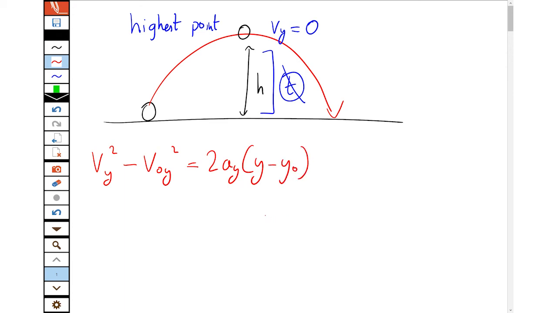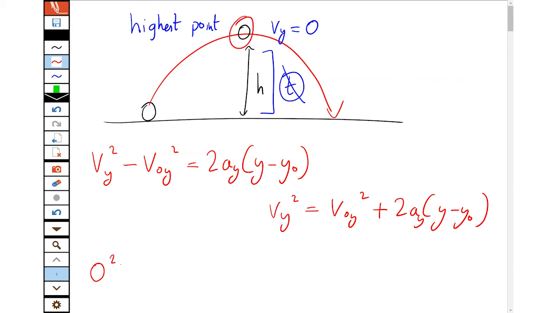Or some people like to write it the other way around. They move the launch velocity across the equal sign. You can see it's exactly the same whichever way you prefer to do it. So what we do is we plug in the values. We know the new vertical velocity at the top is 0.